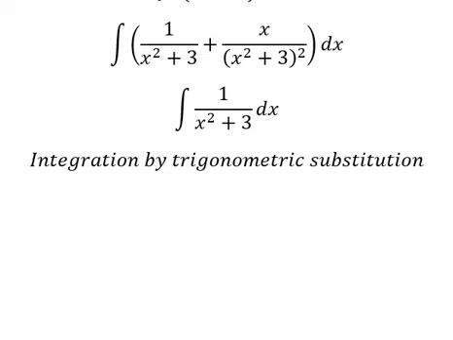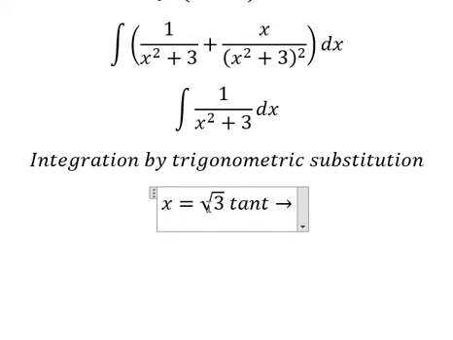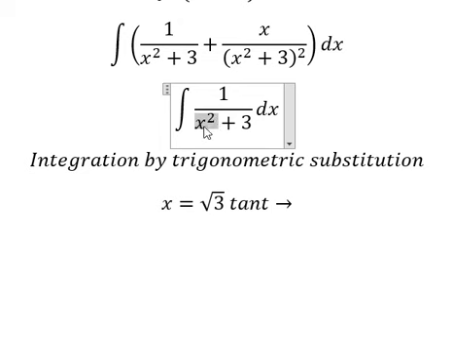So I will put x equals the square root of number 3 tan t. Because if I put this one in here, we have 3 tan t square plus number 3, we can do factorization. Tan t square plus 1, we change to secant of t square, and later we simplify by dx.